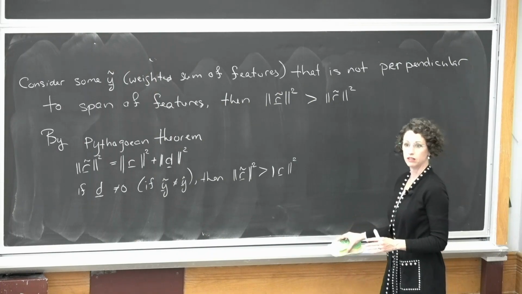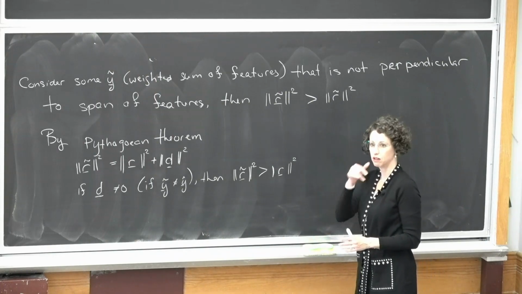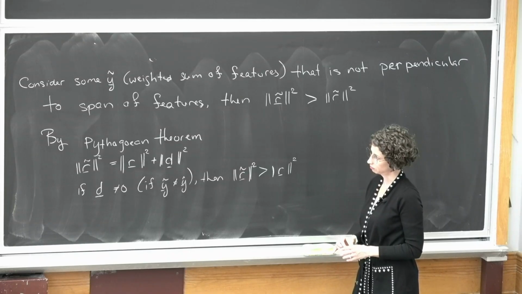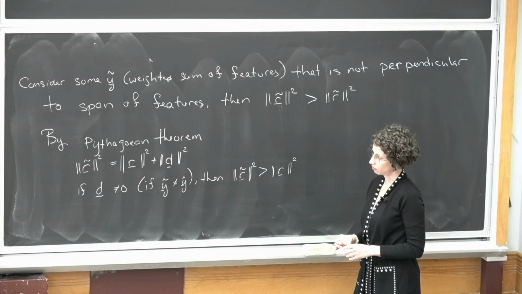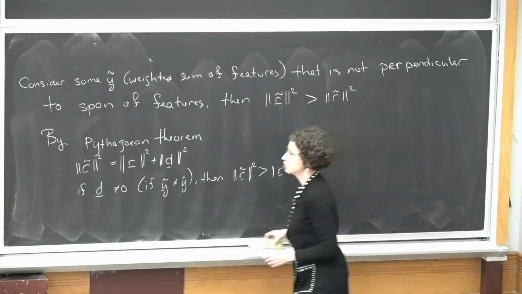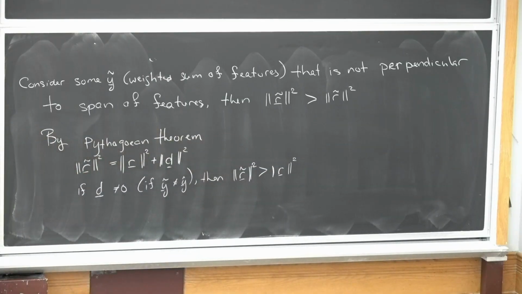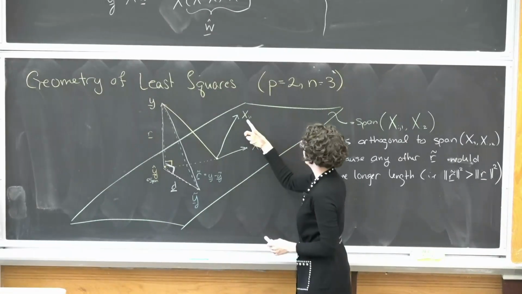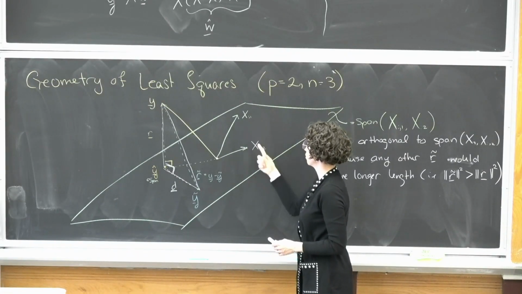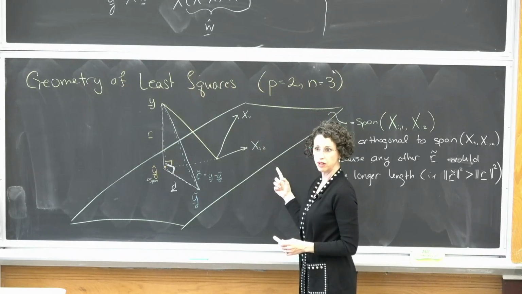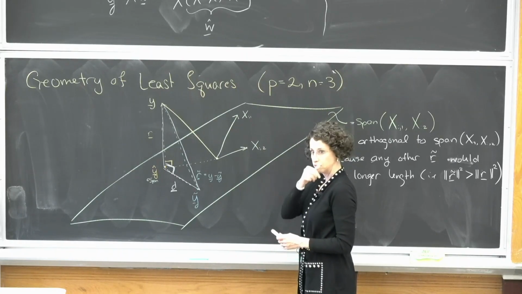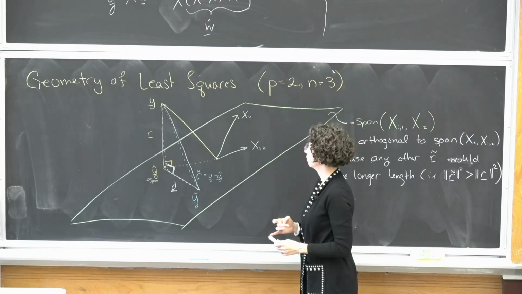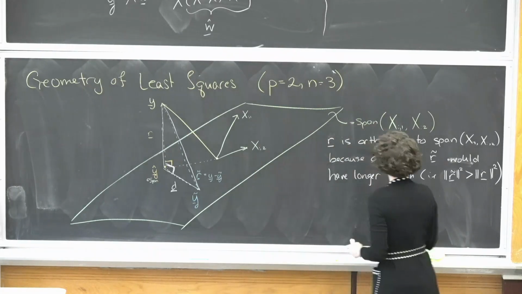Why is y hat in the span of the two vectors x colon 1 and x colon 2? Could it be possible for y to be in the span?